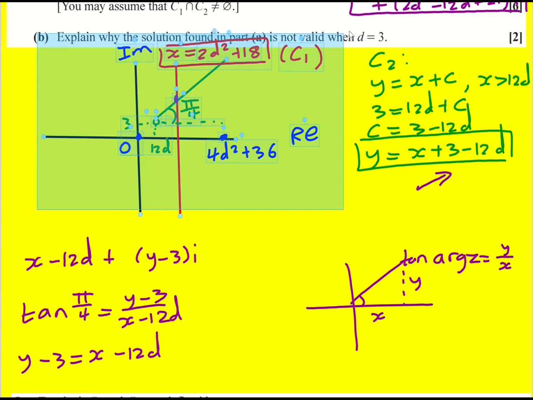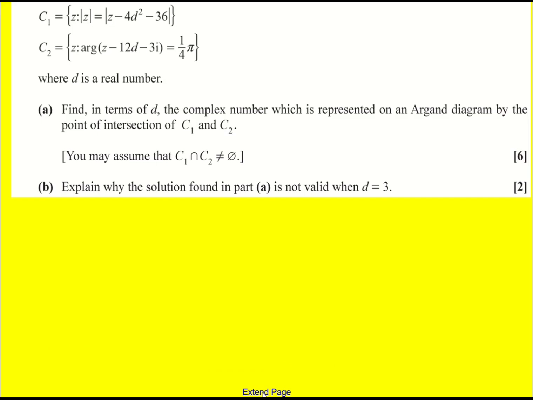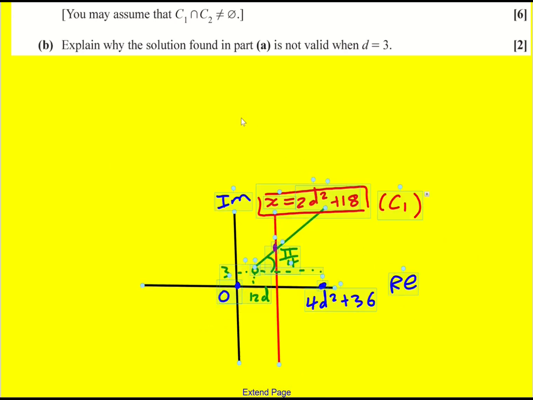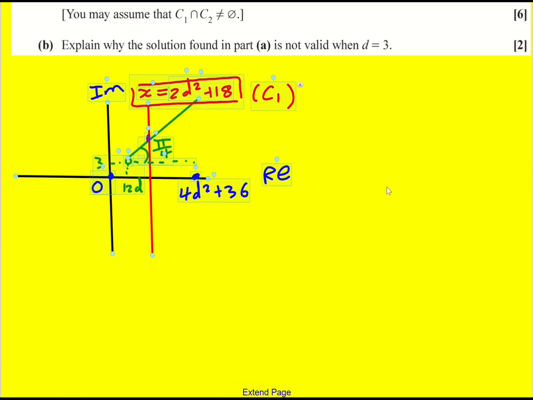Or you could think about the equation. But when d is equal to 3, we're going to get x is equal to 2 times 9, that's 18, plus 18, I'm going to get x is equal to 36. And then 12d is also going to be 36.